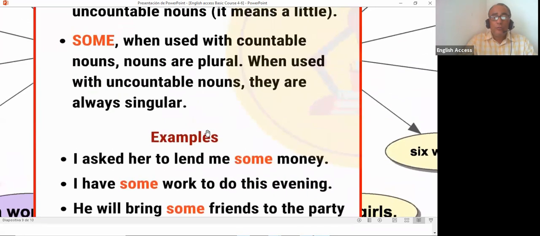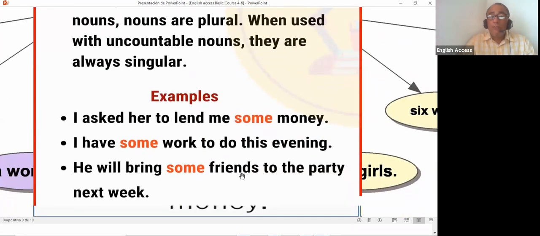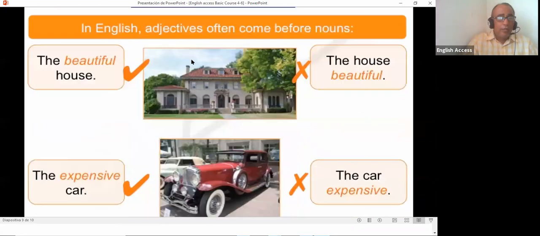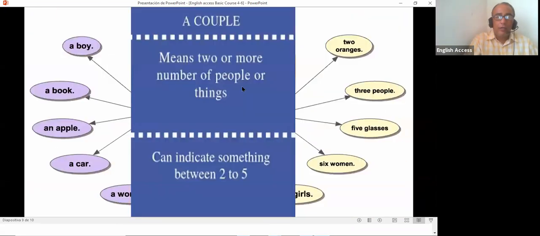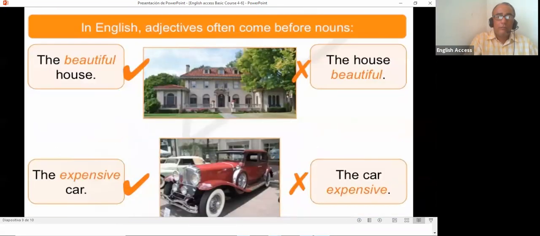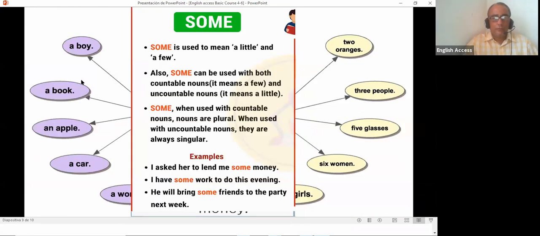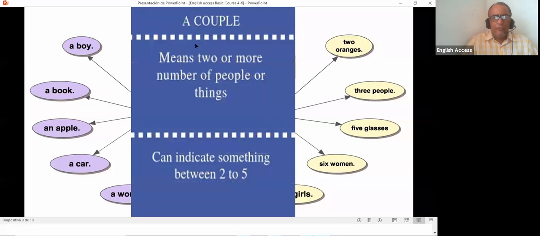Some work to do. Some friends. Este es plural, si se fijan. Some friends. Some, igual que a lot of, se ocupa con contables e incontables. A ver, aquí vi esto. Sí, a couple. A couple in Spanish means una pareja o un par.